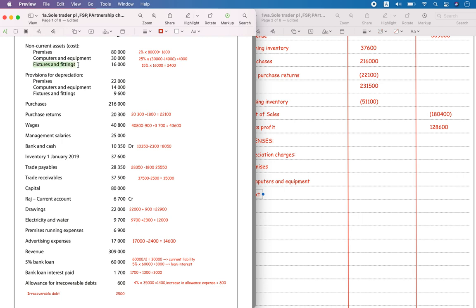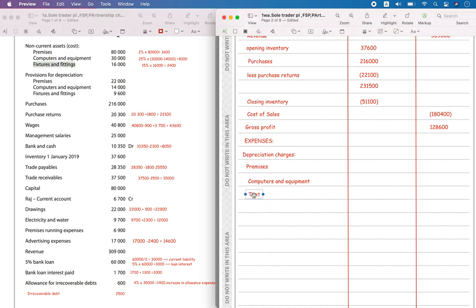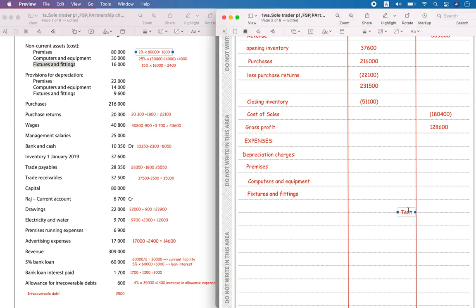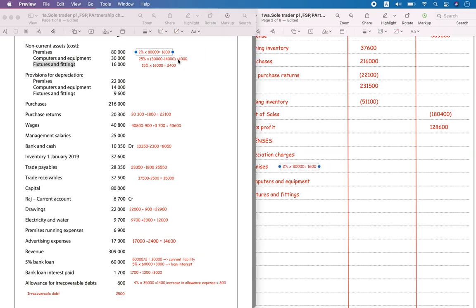And the third one is fixtures and fittings. For the first one, the charge is around 1,600. So it is 2% of 80,000, which is 1,600. So we have to just write that.